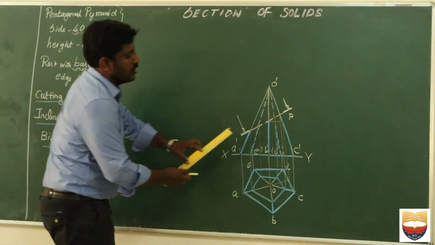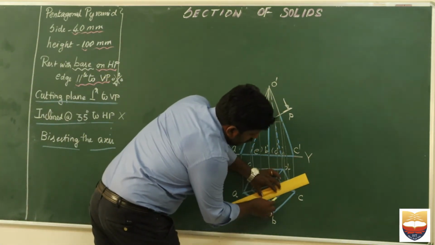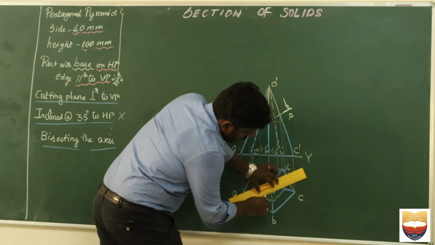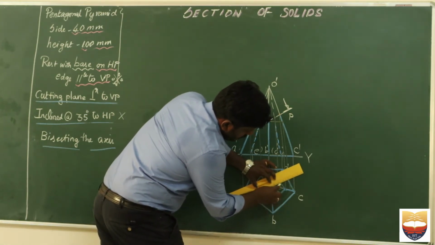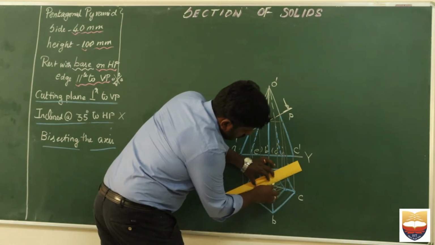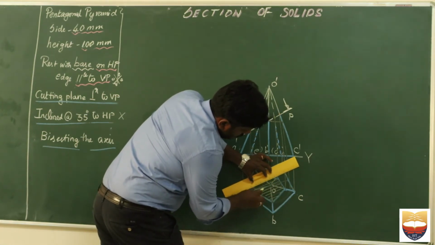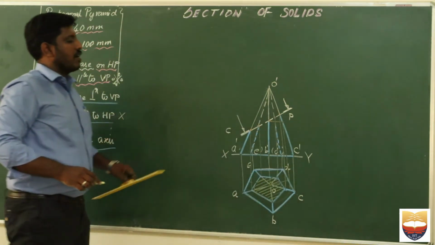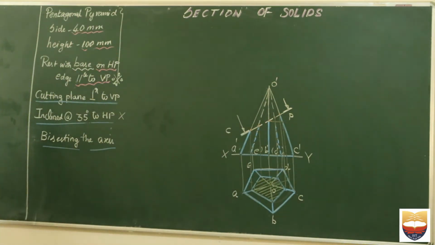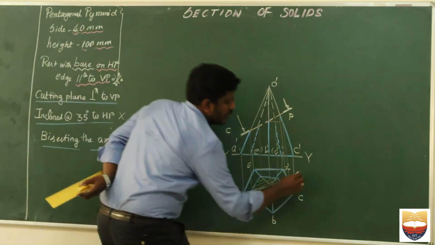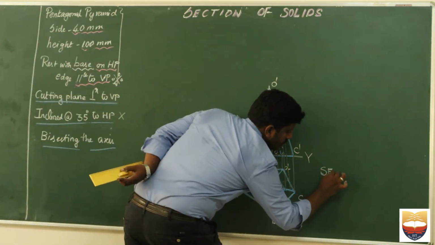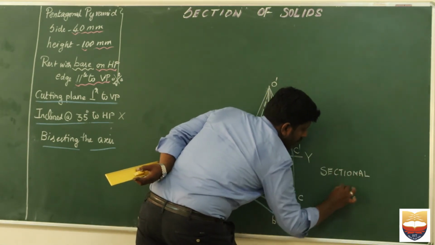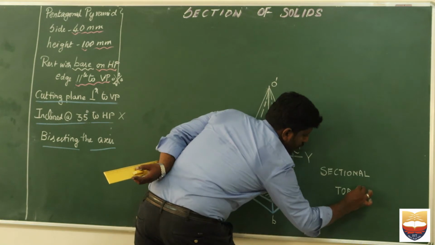As I told you earlier, you should use a 45-degree line and you should have a uniform gap. Okay, so now I completed my hatching and I can name this as a sectional. This is my sectional top view.